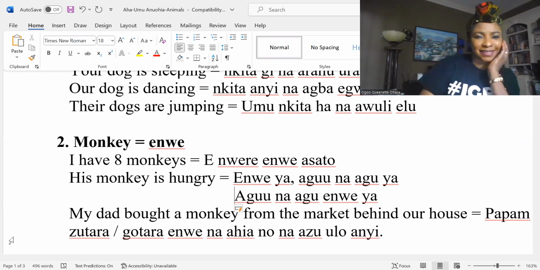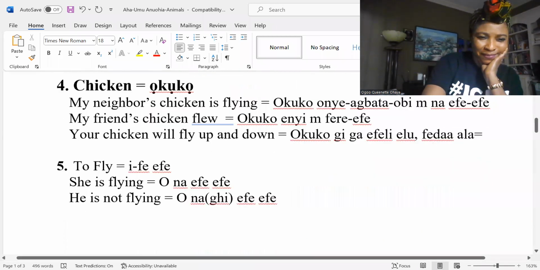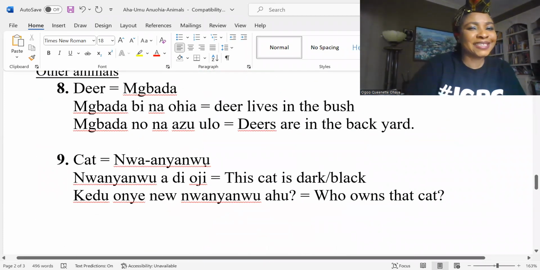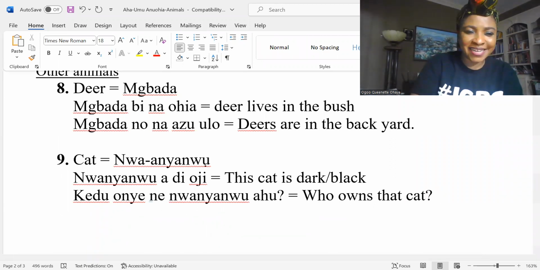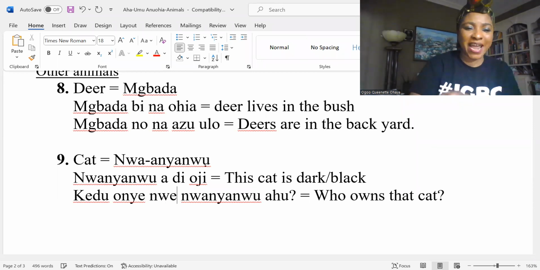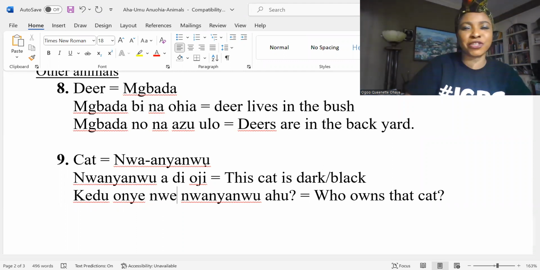So, Auntie, I have one more question. No, go ahead. Number 9, for cats, it says kedu gini, what number 9? Kedonye mwe. Sometimes when you type something in Igbo, Microsoft Word changes it. It's supposed to be mwe, not new.